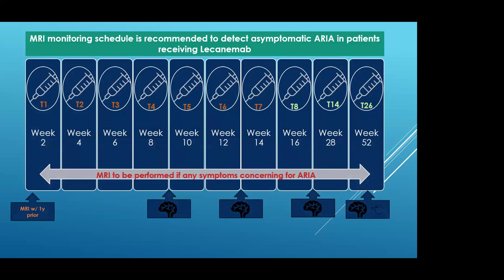The problem with these medications is that you really need to follow the recommendations of the pharmaceutical company about the right time to do the monitoring for ARIA. Each of these medications will have a different way to be monitored, and they will also have different criteria to be stopped. That partially answers the question we had earlier.